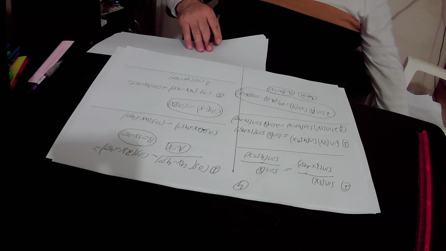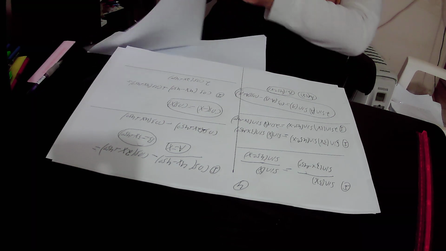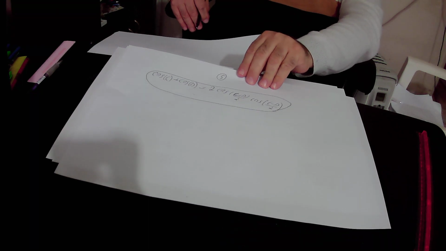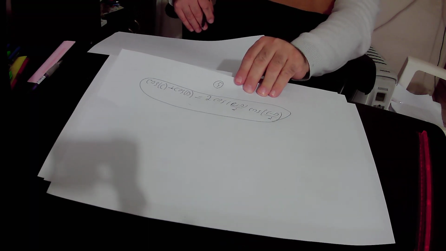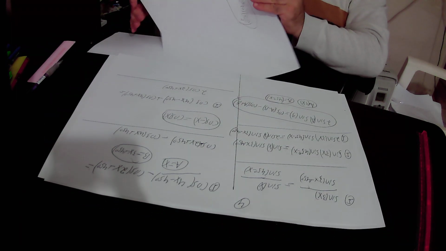So we will use this trigonometric identity in order to simplify this: cosine C plus cosine D equals 2 cosine C plus D over 2 times cosine C minus D over 2.